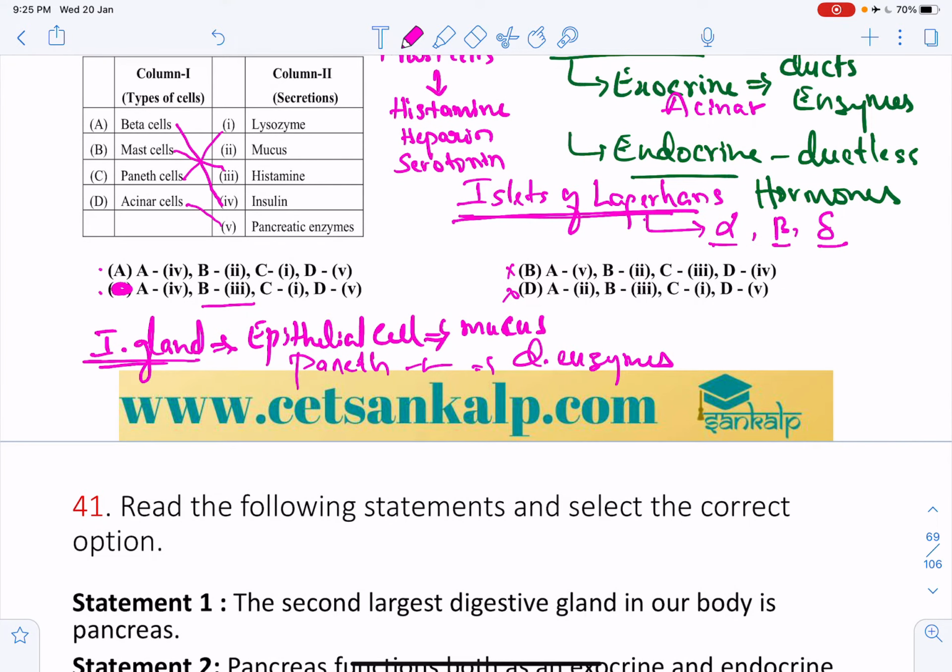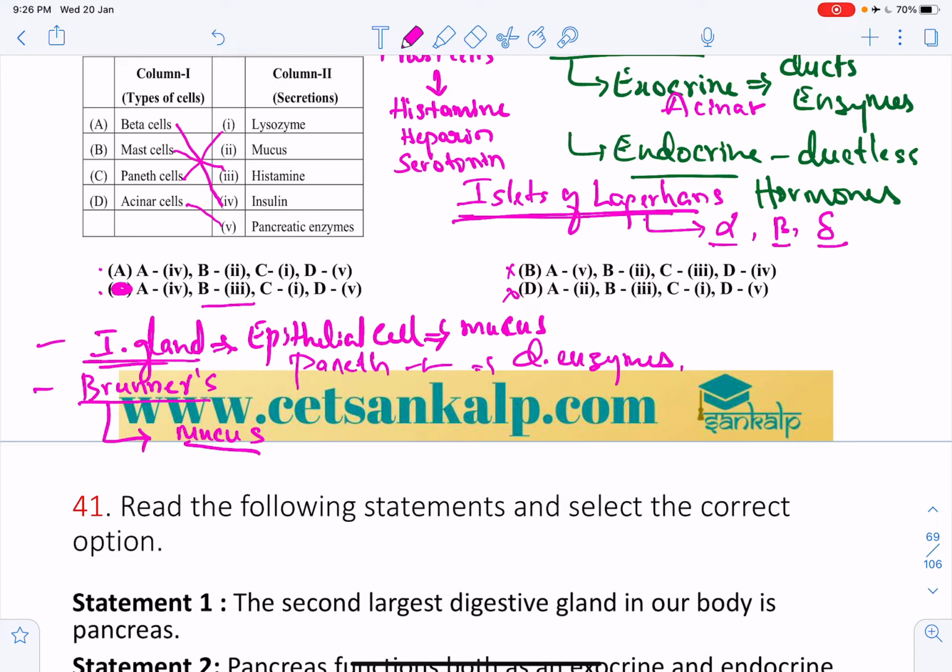And Brunner's gland we have also mentioned there. Along with the intestinal glands, we have Brunner's glands in the submucosa of the duodenum. Brunner's glands produce mucus, same like goblet cells, and argentaffin cells produce hormones.